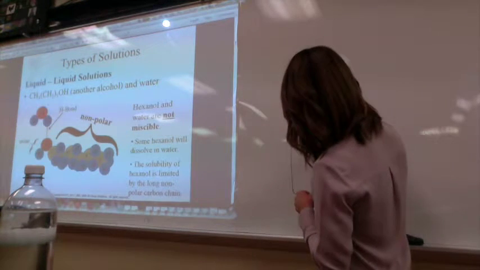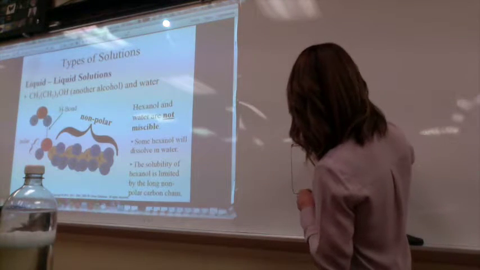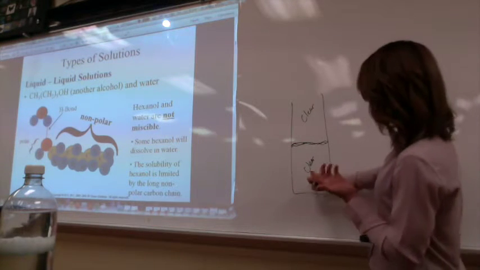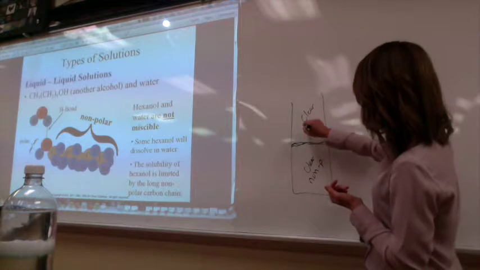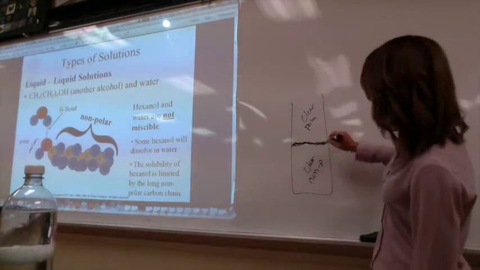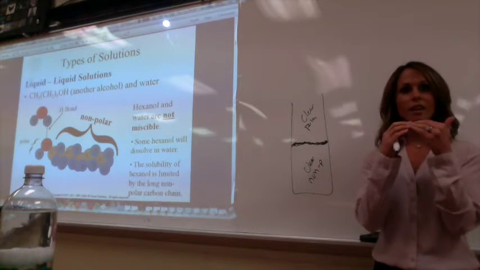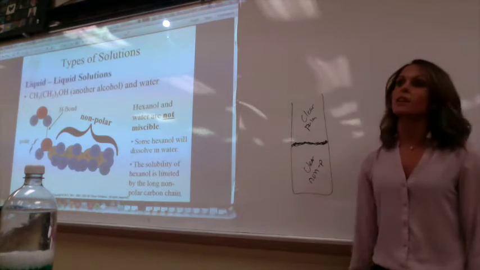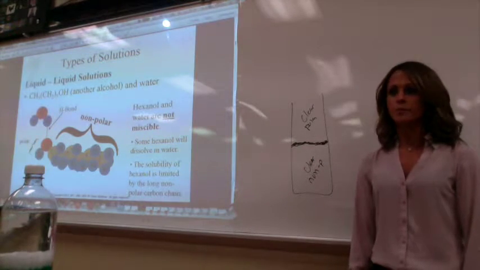You'll end up with a hazy region right here, and then this will be clear, and this will be clear, and this is, say, a nonpolar substance, and this is a polar substance, but right in the middle they're mixing for just a little bit, and you'll literally see a murky area where they're trying to bond with one another. That's what you would see in this case with hexanol and water.